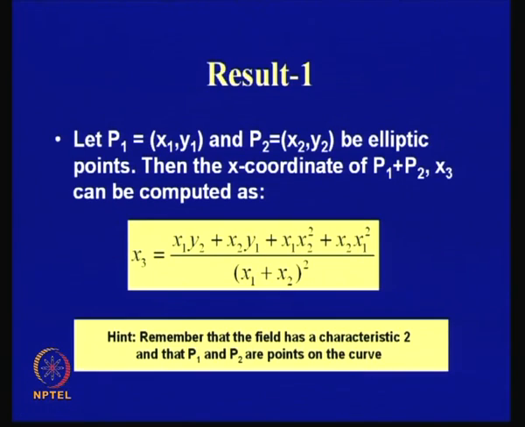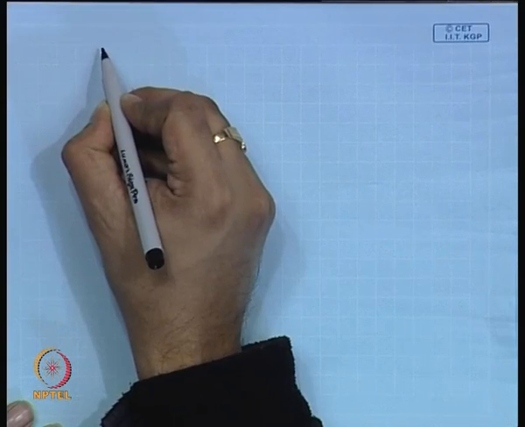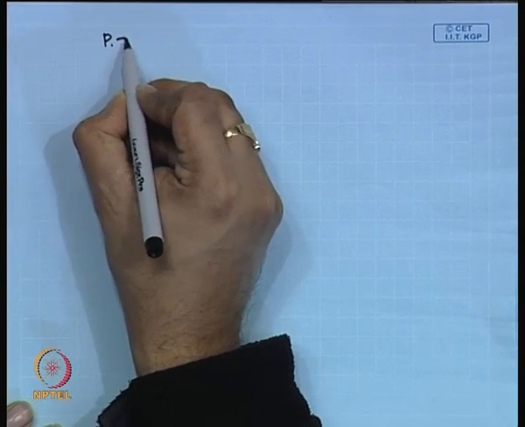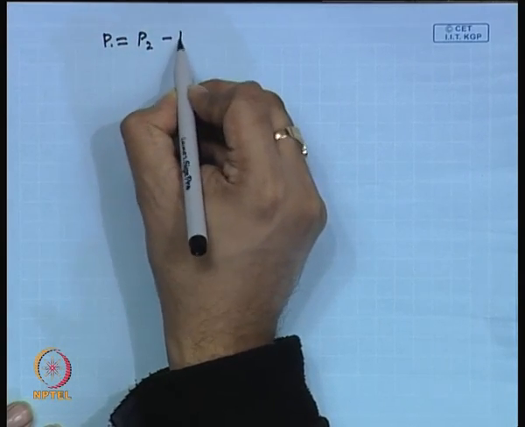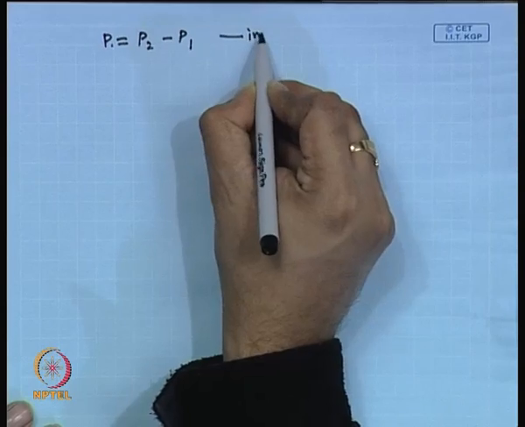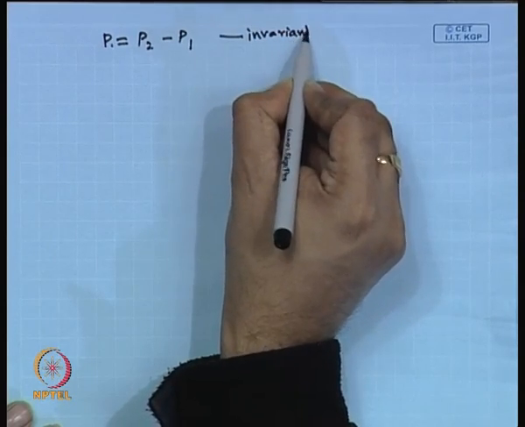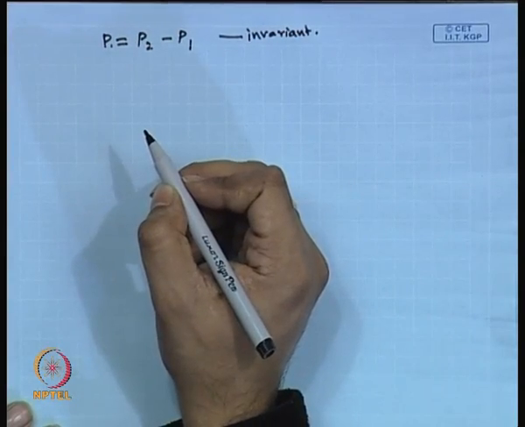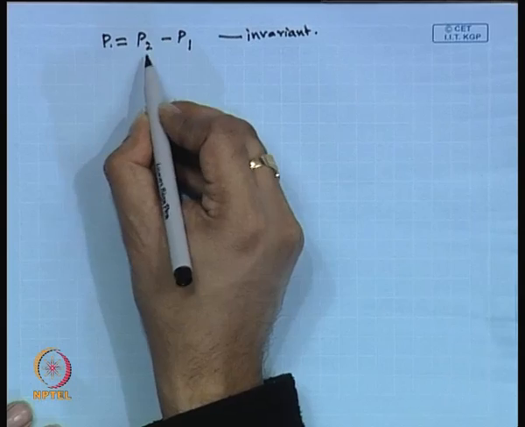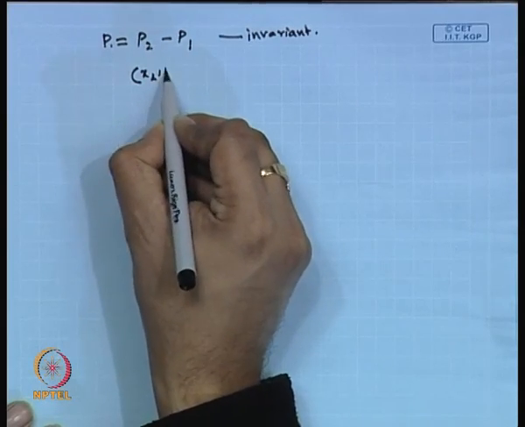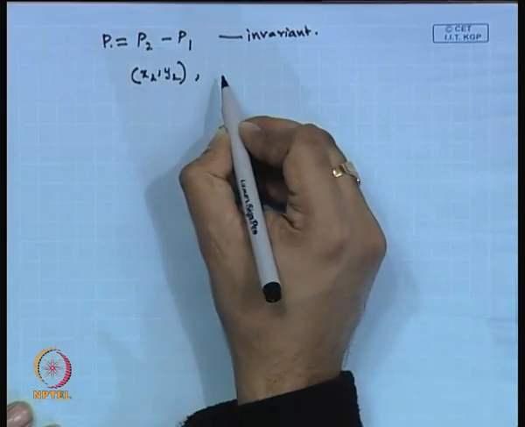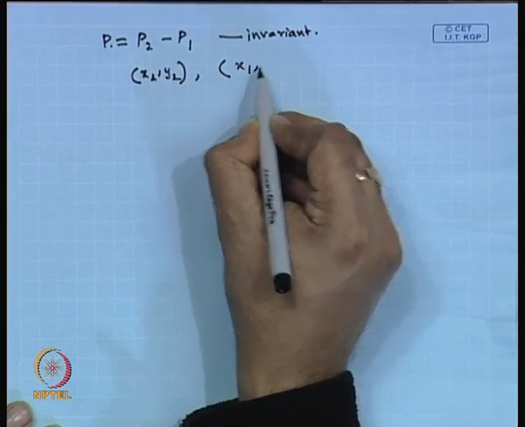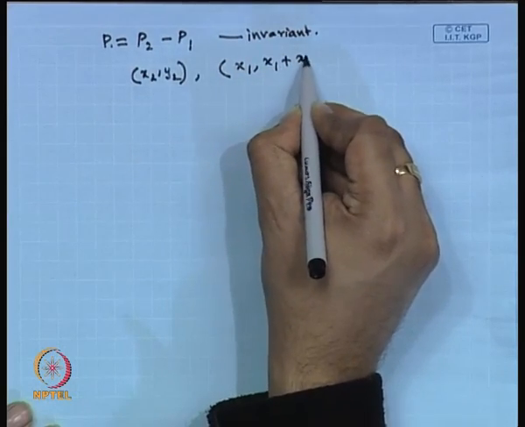Okay. So, therefore, you know that in this Montgomery's algorithm, P was maintained to be equal to P2 minus P1; that was an invariant for the Montgomery's algorithm, right. So, P2 was essentially a point like (x2, y2), and what was P1?